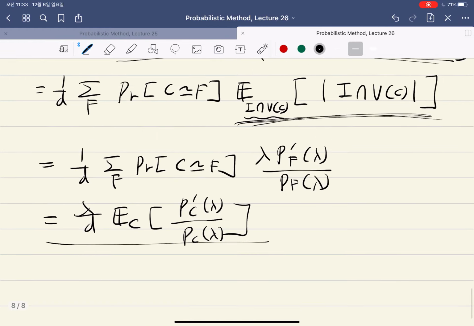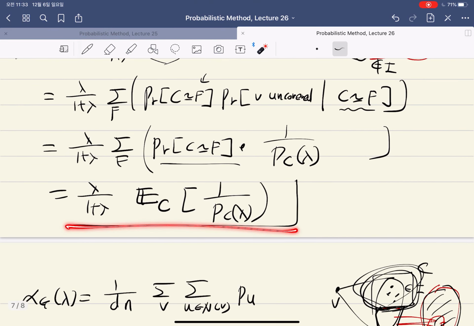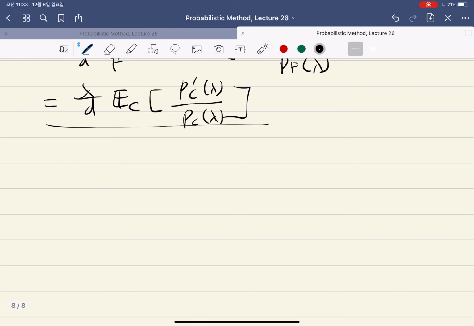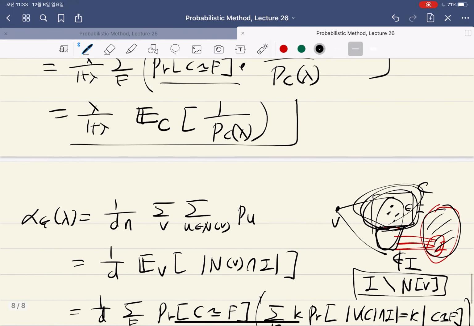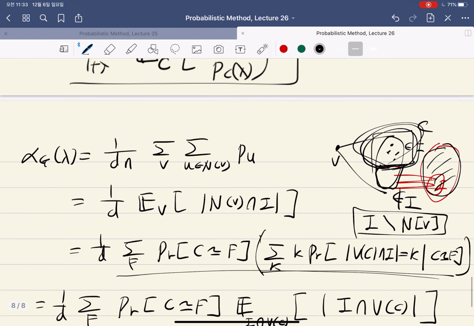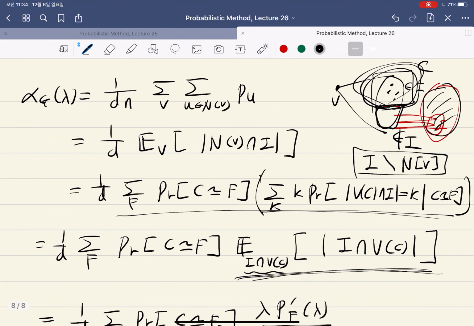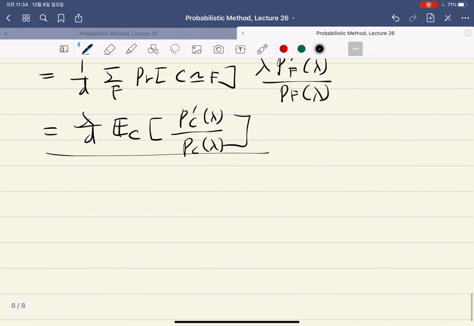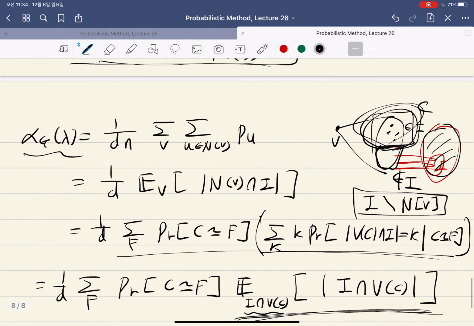So this expectation. So we have two, this and this. Now what we want to do? We want to take these two, add, and then divide by 2. So you add these two expressions and divide by 2, then that's nothing but the alpha of lambda.